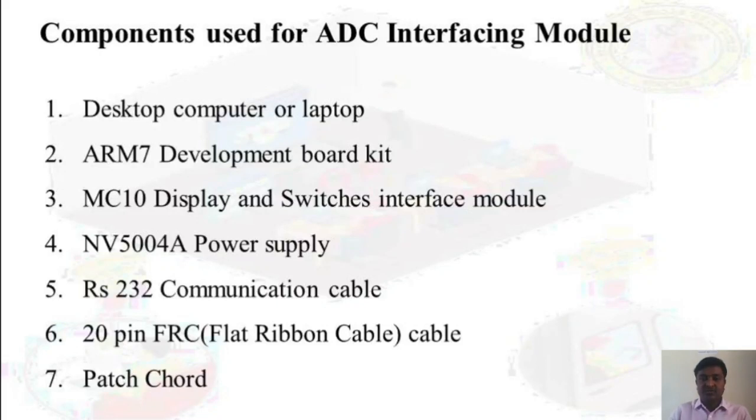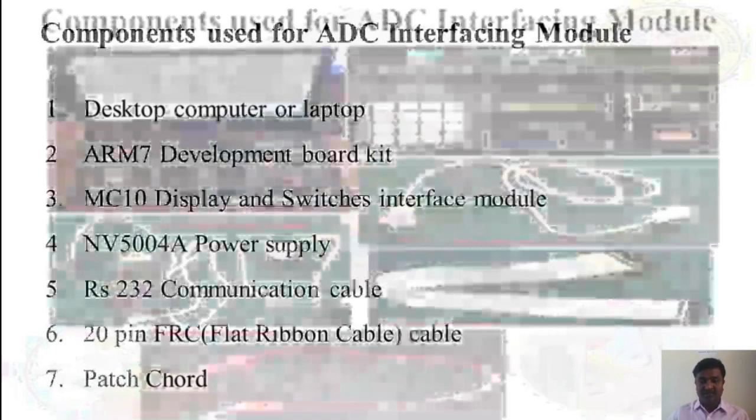The components used for the ADC interfacing module are a desktop computer or laptop to write an embedded C program using Keil version 4 software, the ARM7 development board kit, MC10 display and switches interface module, NV5004A power supply, RS232 communication cable, 20 pin FRC flat ribbon cable and a patch card.